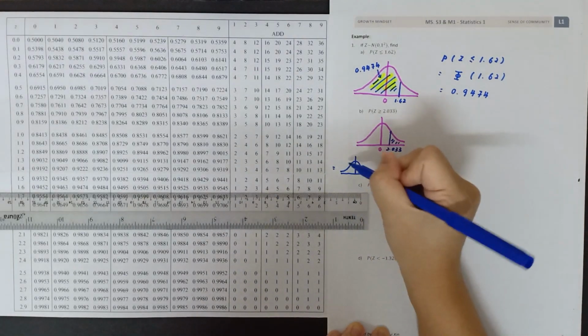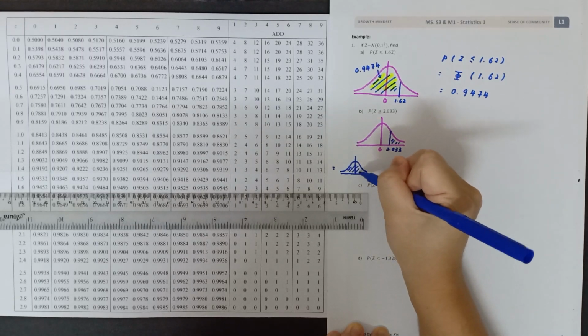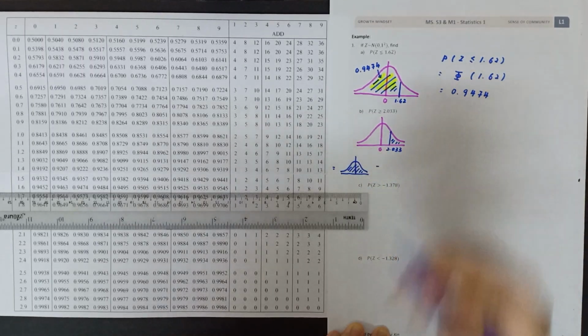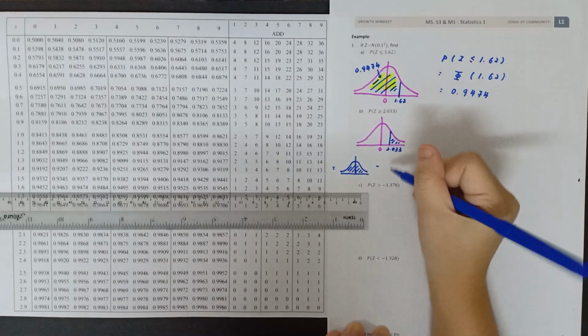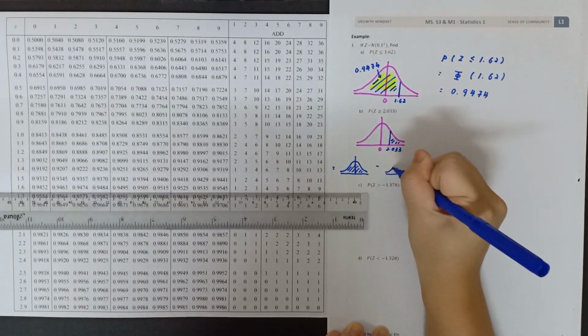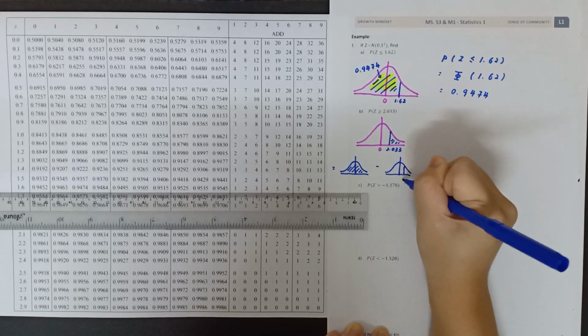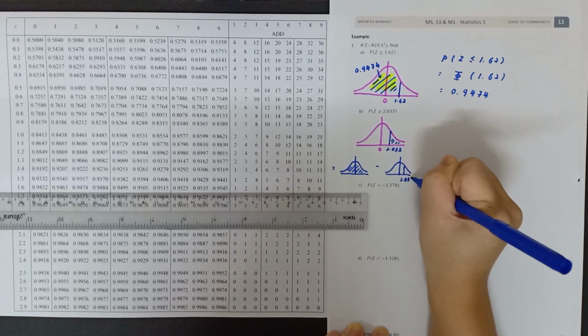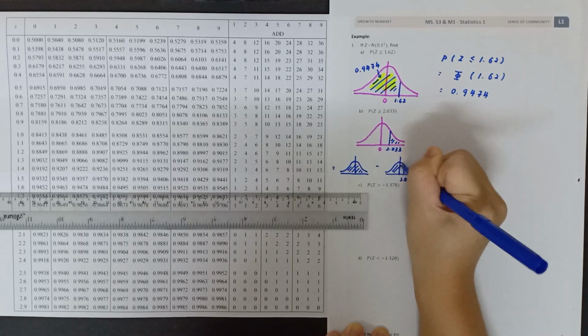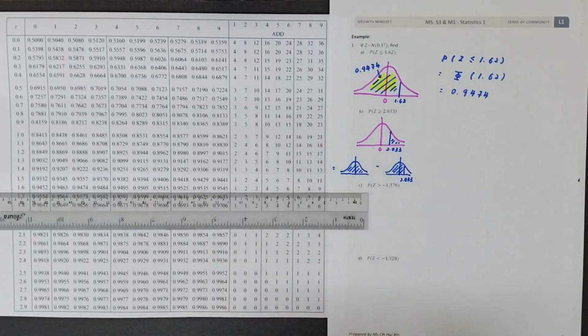Okay, so I'm going to use a complete graph to minus. I only can find less than, right? Then I will find the other part, 2.033. So instead of finding here, I'm finding here, because I cannot read that in the table that is given.